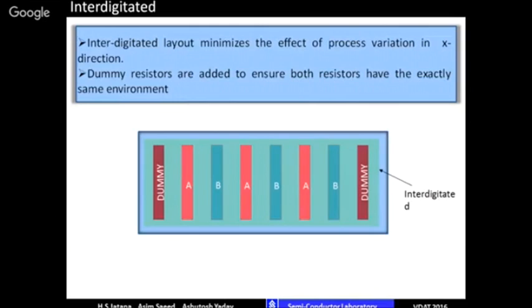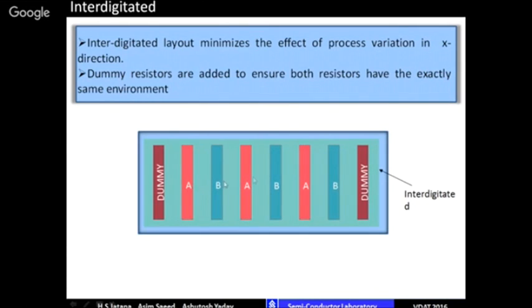And another thing, which is important, is you see here. You see there is something known as a neighborhood effect. You see this B is surrounded by two A's.